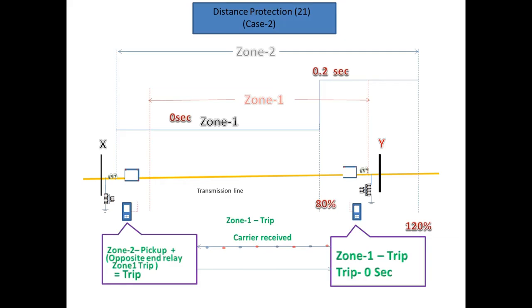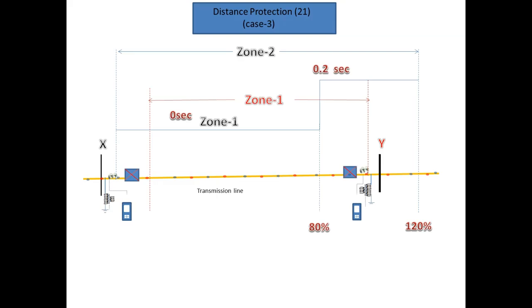See, it tripped now, even though the relay detected zone 2. But using this kind of logic, I can protect my system 100% with quicker time. This type of protection comes under carrier aided protection. That is another topic, we can see it later.